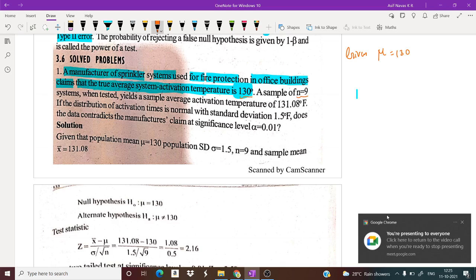And a sample of 9 systems is tested, so n equal to 9.